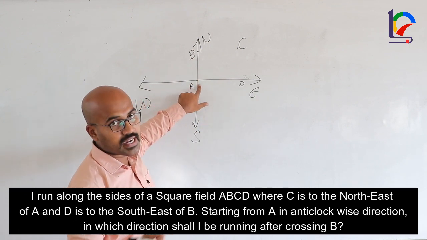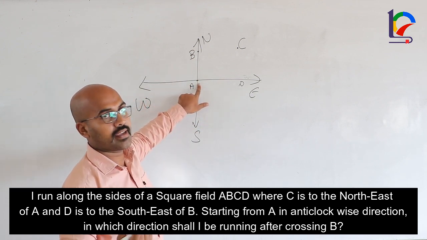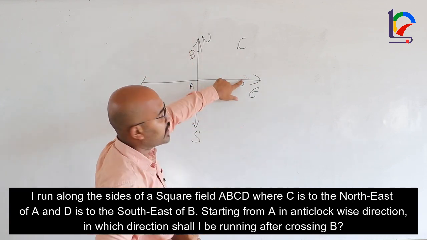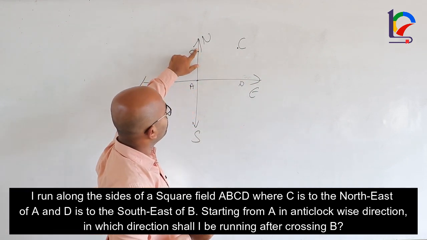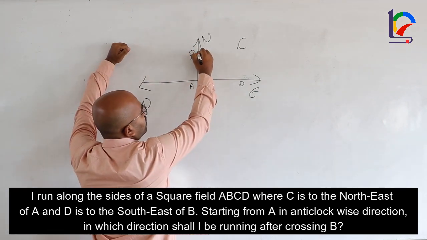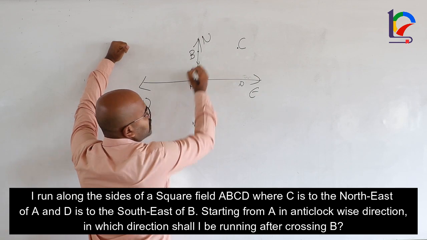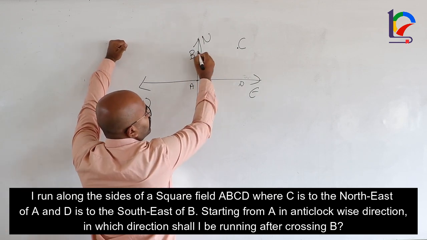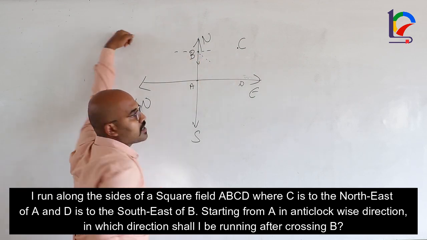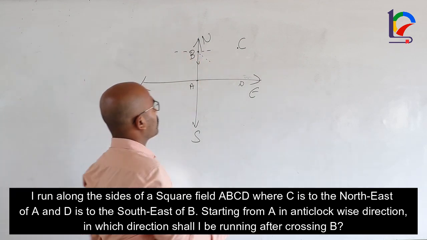I can't take B here because this is already A. So if I move parallelly, D is to the southeast of B. From this position, this will be north, this will be south, this will be east, and this will be west. So obviously this will become southeast.